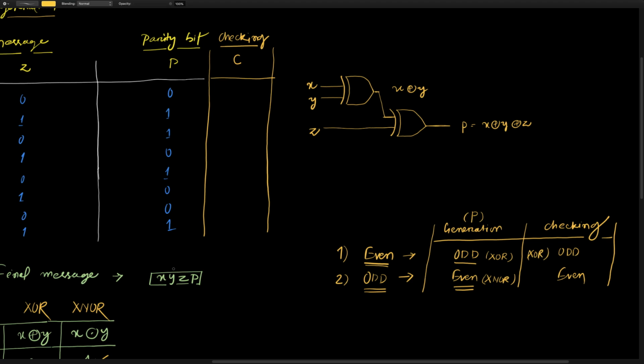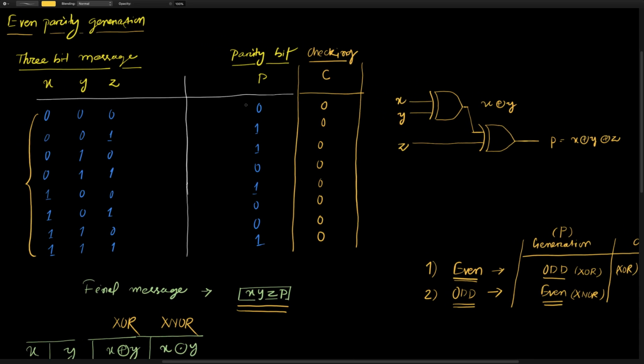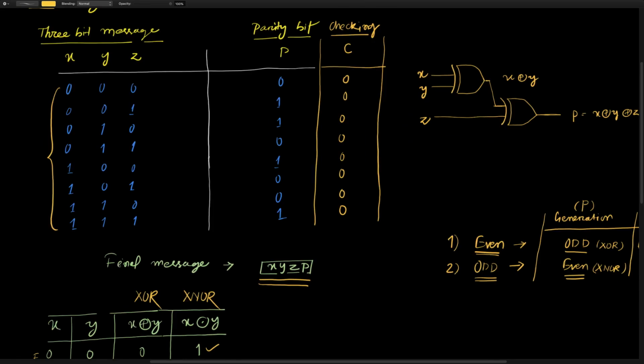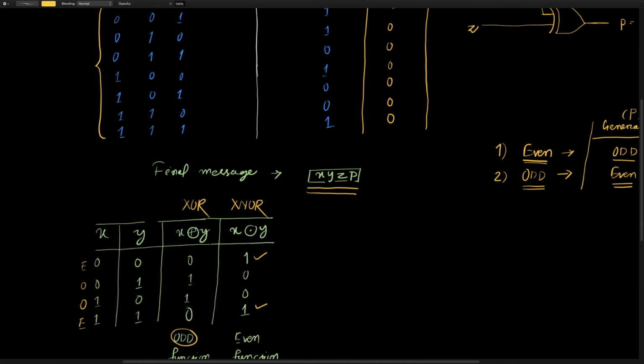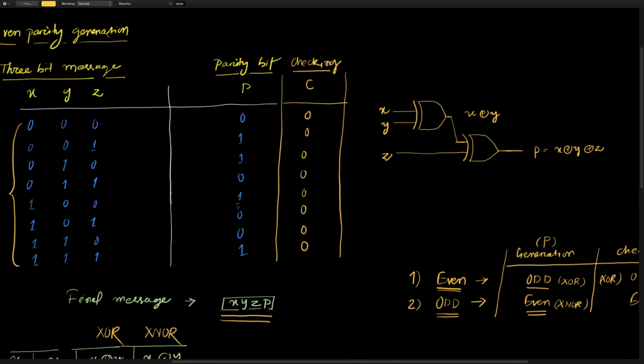So if you take the XOR of all four of these, and they contain an even number of ones, then obviously the output of the checking bit is going to be 0. Because combining all 4 bits, you are always going to get an even number of ones, and XOR is always 0 for an even number of ones. Suppose for some combination there is an error, and in the whole message, instead of 1 it is 0, suppose a flipping has happened.